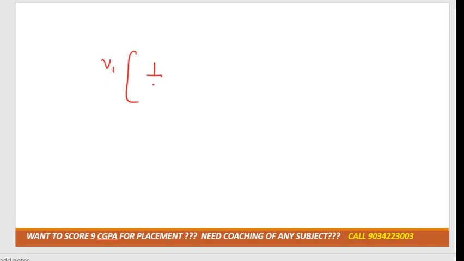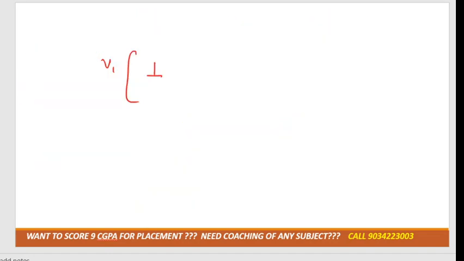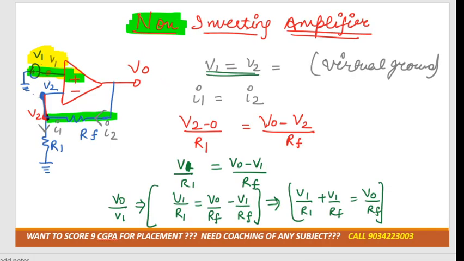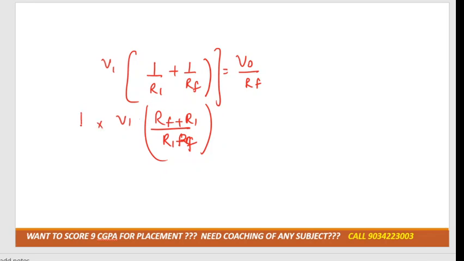V1 times (1 by R1 plus 1 by RF) is equal to V0 by RF, right? So I can take the LCM R1 RF, that is RF plus R1, and I'm shifting RF to this side, so V1 times (RF plus R1) divided by R1 RF, times RF, is equal to V0.